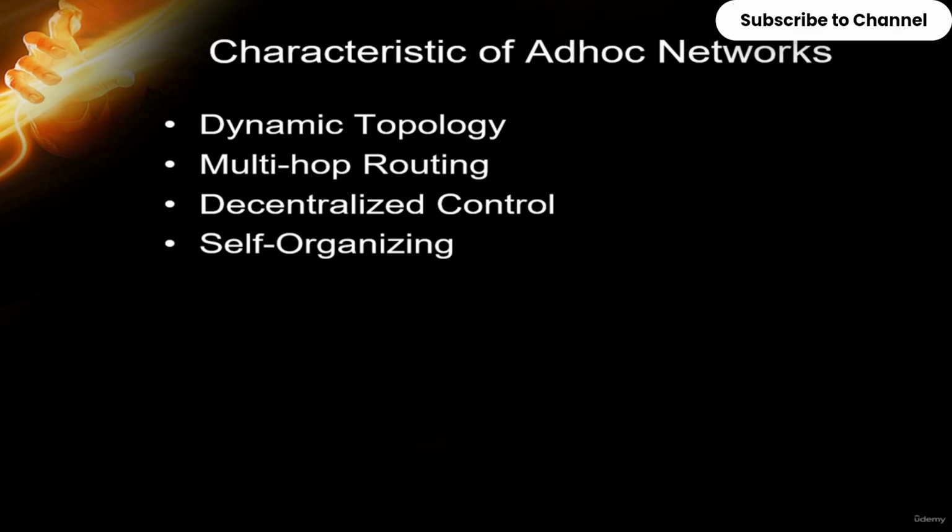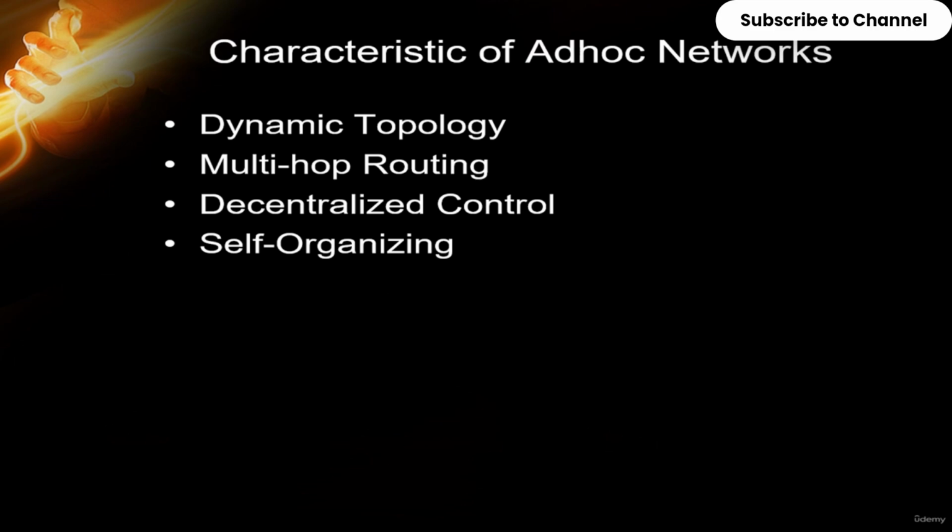If you look at the characteristics of ad hoc networks, the first is dynamic topology. Dynamic topology means the nodes move randomly in the network and can change the topology unpredictably. The nodes can join or leave the network at any time. The next thing is multi-hop routing, or multi-hop communication.